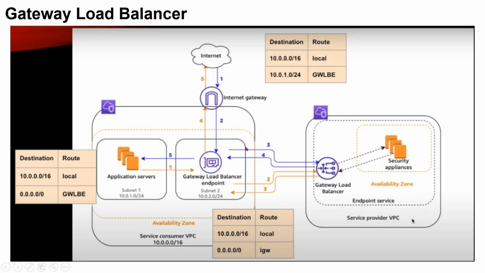At the route table level, you can control it. For example, traffic coming from certain IP address ranges can go to this particular gateway load balancer. You can configure this at the gateways level.